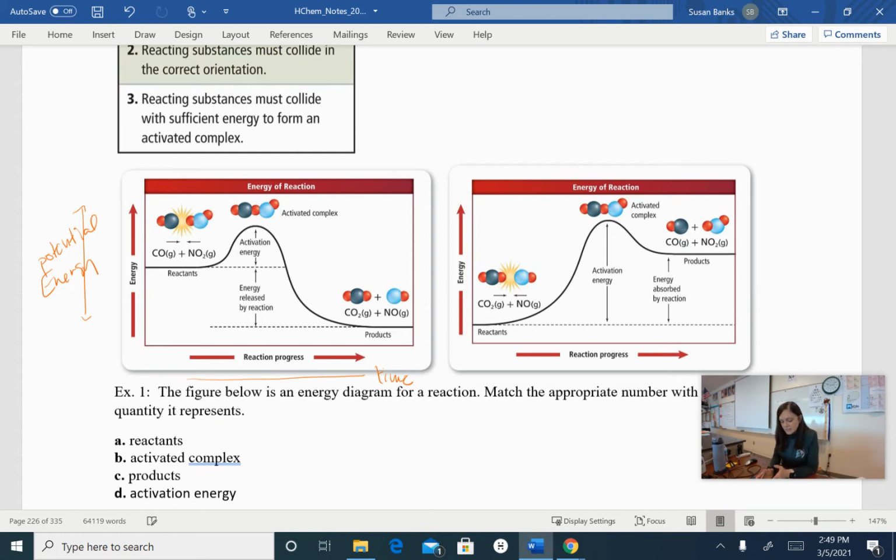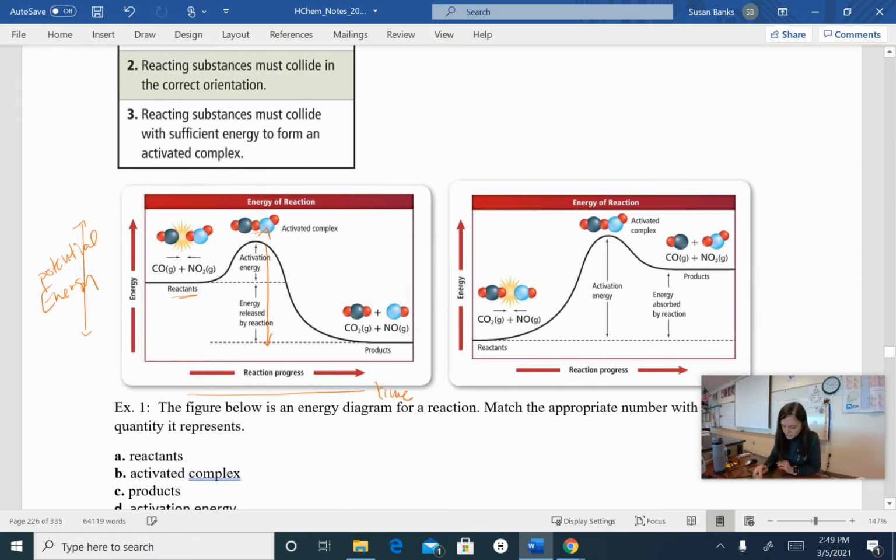We make that activated complex, and then we get carbon dioxide and nitrogen monoxide. So here is where our reactants are. This is the energy of our activated complex. So right here, this is the top. To the top is the potential energy of our activated complex, actually.